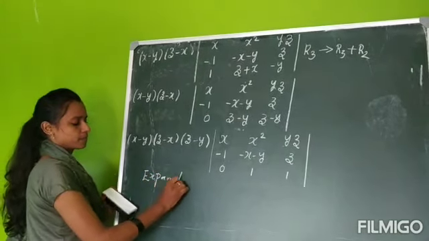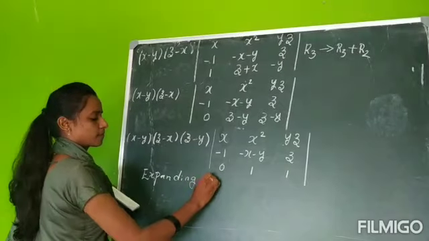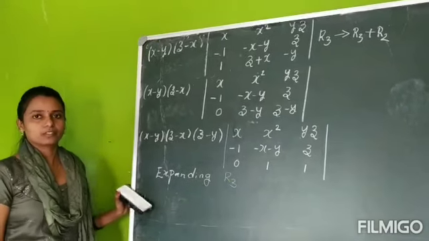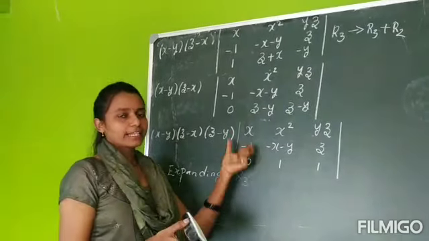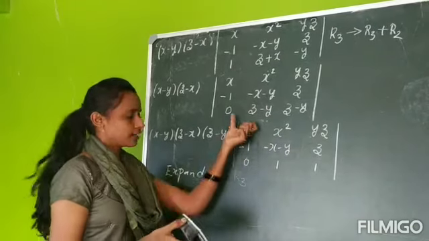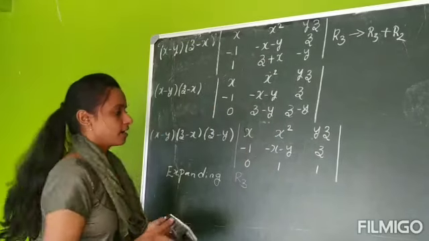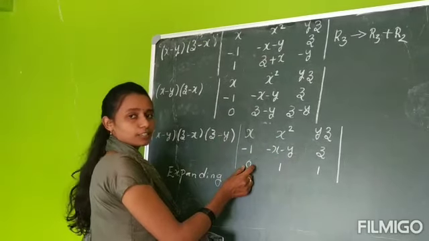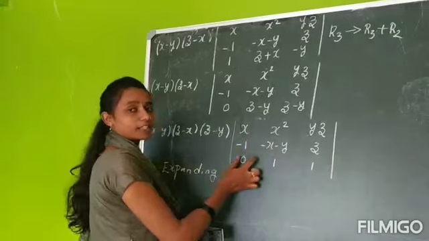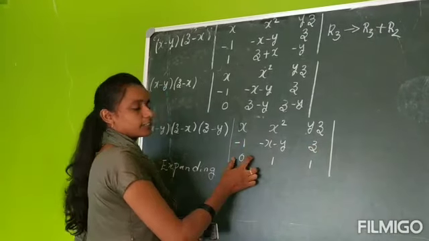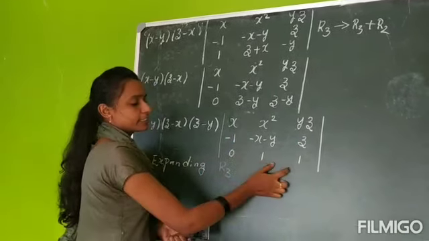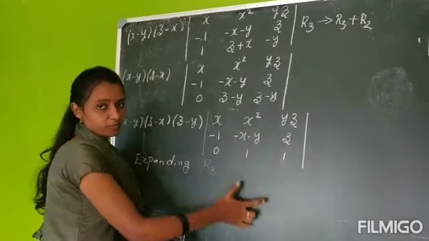Expanding. While expanding the determinant, you can go with either a column or a row. Whenever you are expanding along a row that has entries like 0, 0, 1 or 1, 0, 0 or 0, 1, 1, the simplification will be easy.